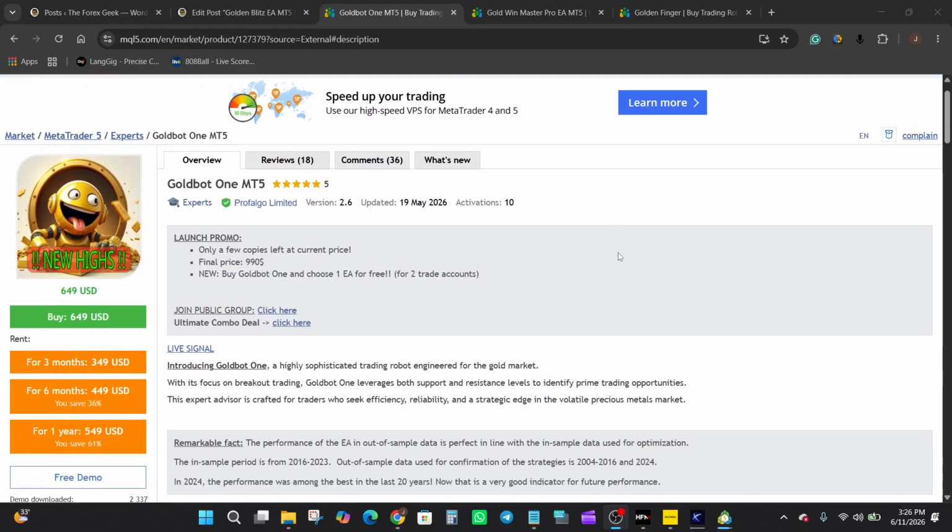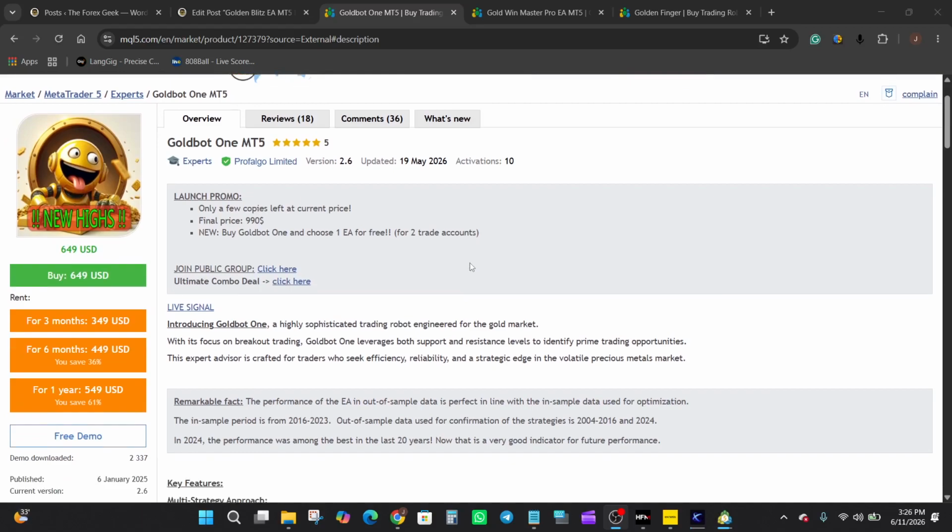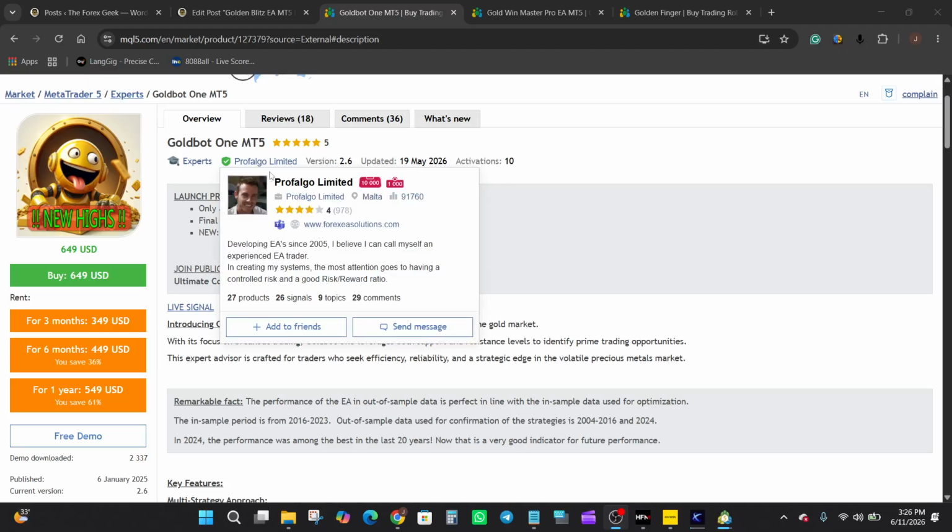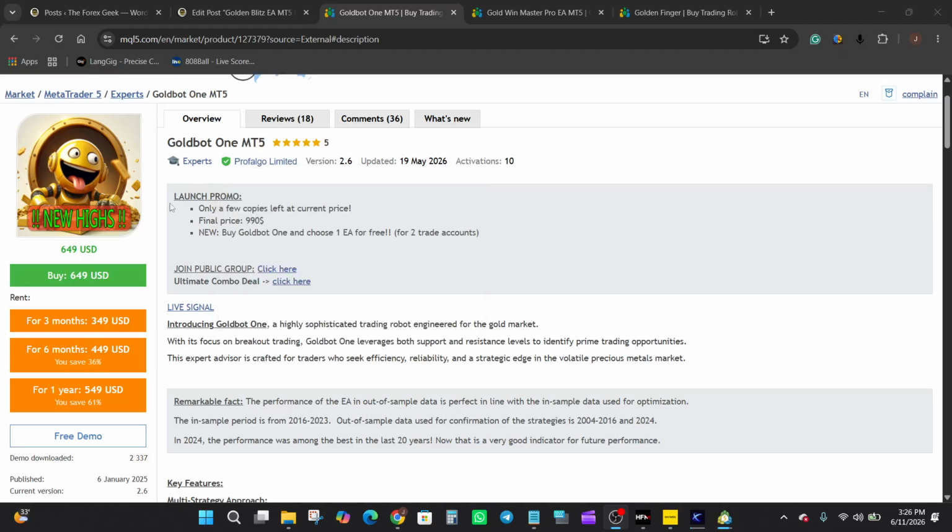In this review, I am taking a look at Goldbot One EA, an expert advisor available for both MT4 and MT5. And right away on the MQL5 Marketplace page, I can see that this EA is developed by Profalgo Limited and is currently priced at 649 US dollars.